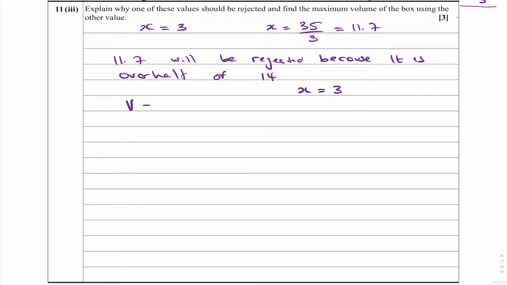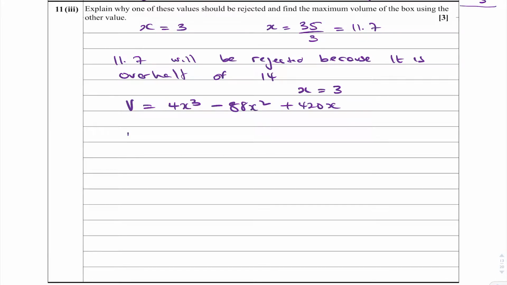So for x equals 3, writing down the equation again, 4x cubed minus 88x squared plus 420x. All I need to do is replace x with 3.